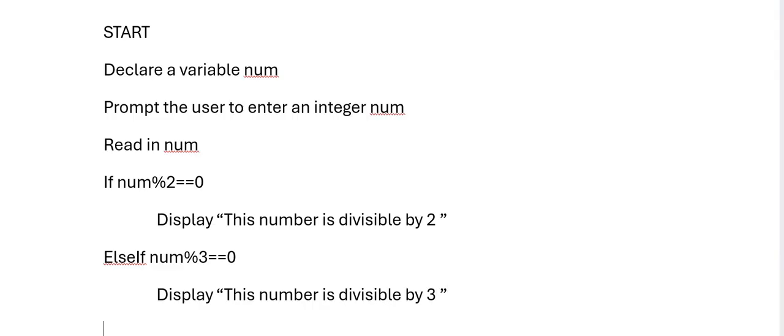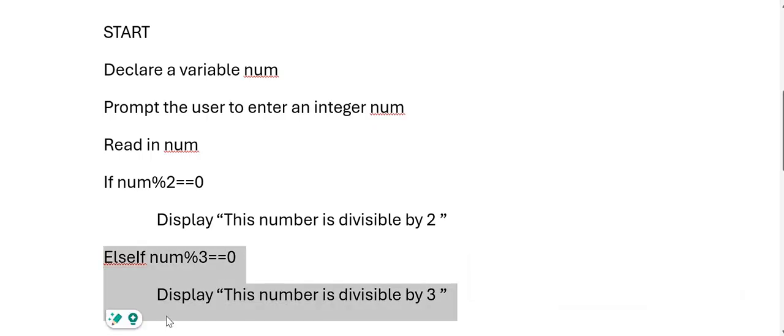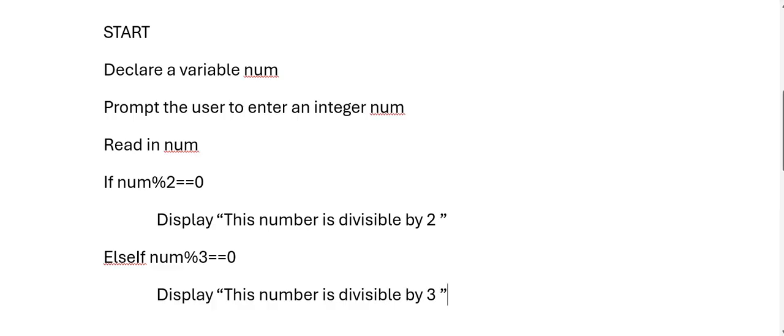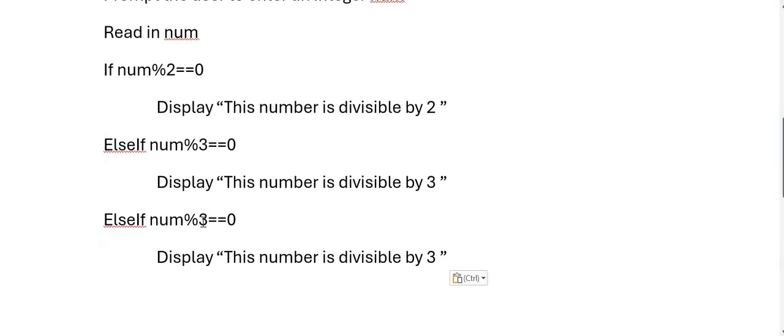And then the last one, I just copy this one. If number modulus 5 equal to 0, display this number is divisible by 5.